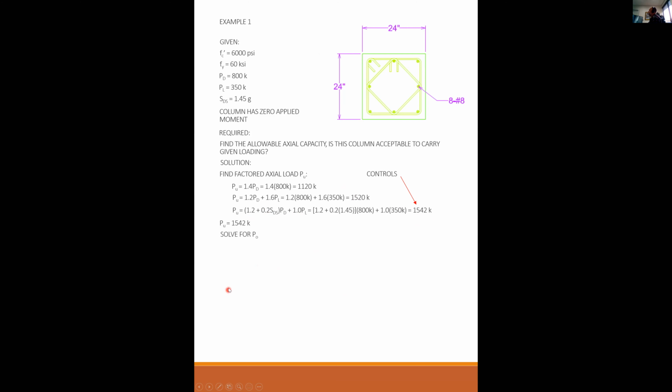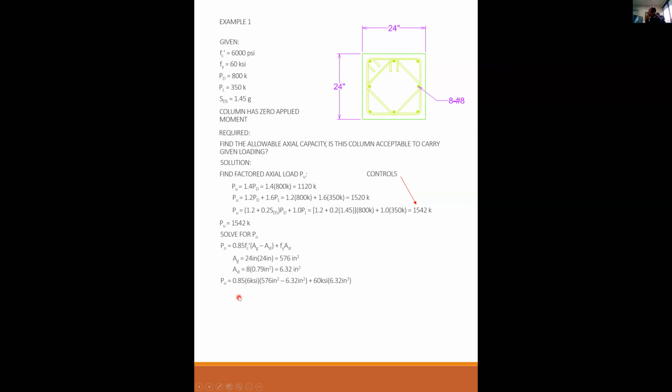So now we solve for P naught. This is the equation: 0.85 f prime c times (A gross minus area steel) plus Fy times area steel. Gross area of concrete is 24 times 24, 576. Area steel is 8 times the area of a number 8 bar, so 6.32 total.